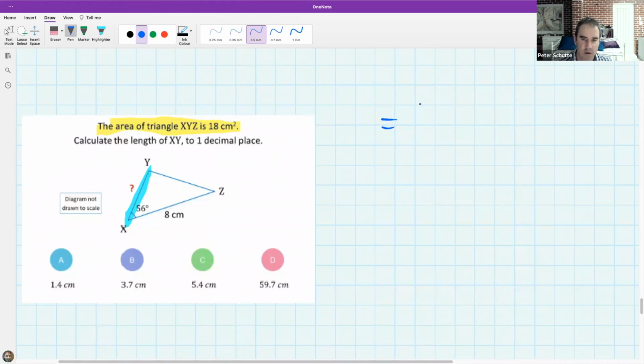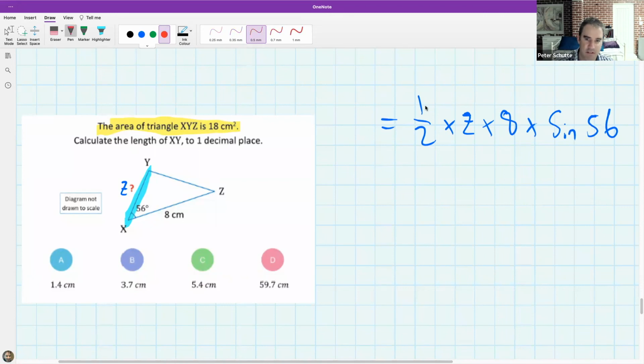Well, we know all area rule calculations have a half to start with. If only we had a way of naming this side. Well, we could call it little z, or we could call it xy. That would be fine. So I think a half times little z times 8 times the sine of 56 would be how I would normally do it, except we need to figure out what that z is.